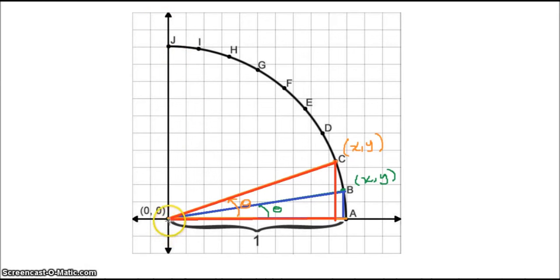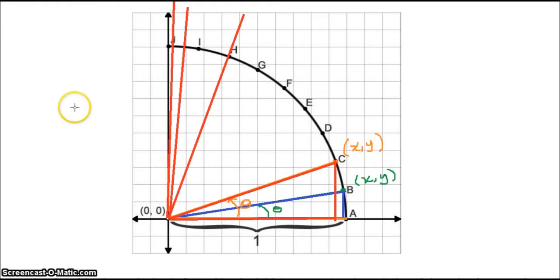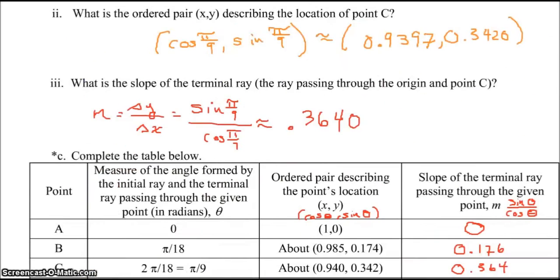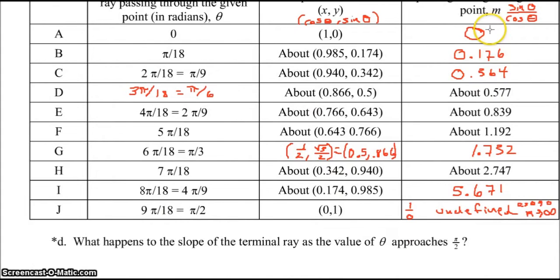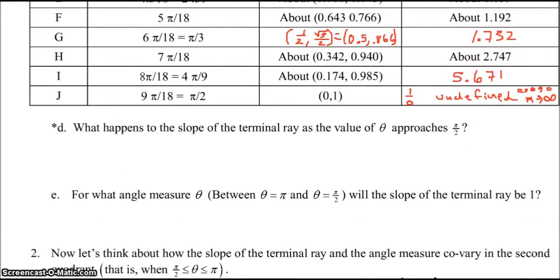Well, here's a point. It's not very steep, but the closer we get, the steeper the line gets. So we're approaching infinity. Notice these are getting progressively larger. Oh, and I said that wrong. This is as theta approaches pi over 2.